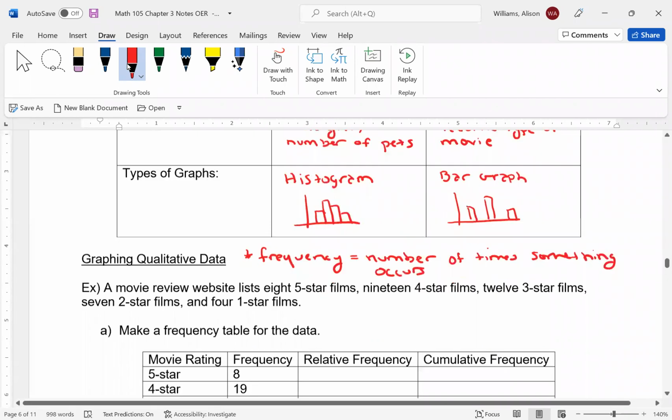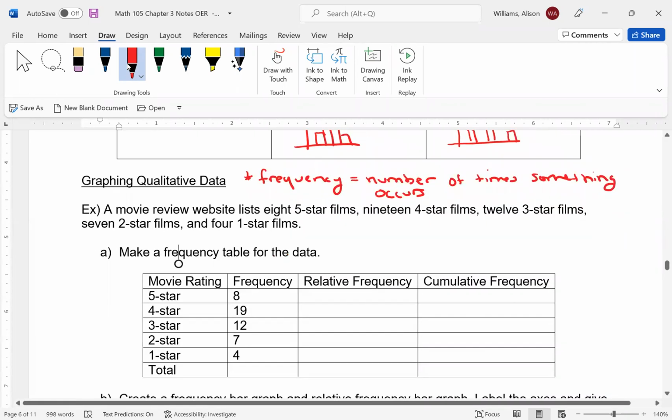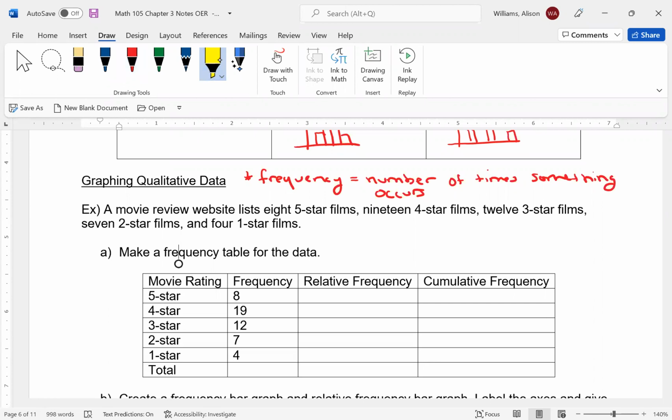Okay, so a movie website lists 8 5-star films, 19 4-star films, 12 3-star films, 7 2-star, and 4 1-star. All right. And we've gone ahead and put that into a table. Now we're being asked to find or fill in the information, and I want to explain what this information is. So this phrase, relative frequency.